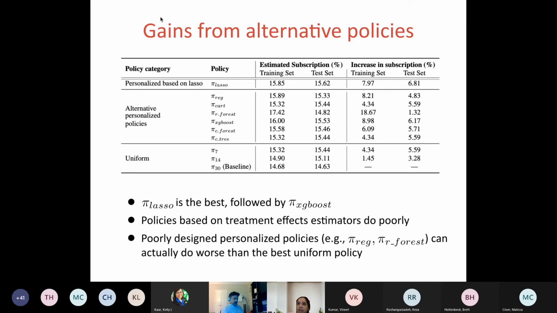Second, you might actually do much worse with personalization than just going with a uniform policy if you haven't done it correctly and done it well, and especially thought about evaluating using something like IPS on a test data set. And we see a lot more papers simply trying to do that. So I would think of this as a cautionary tale.